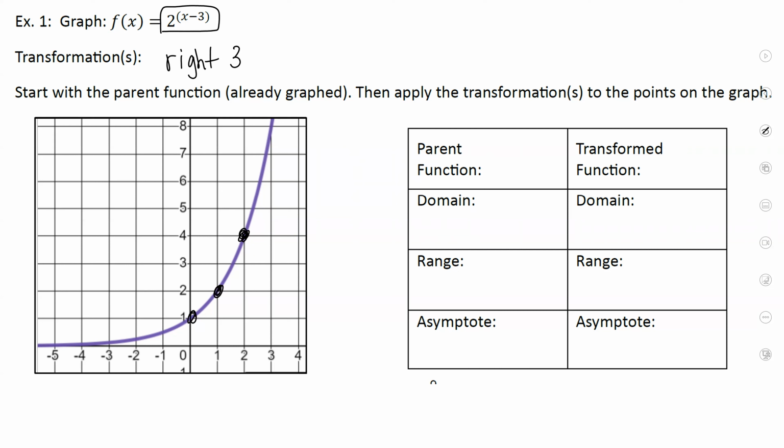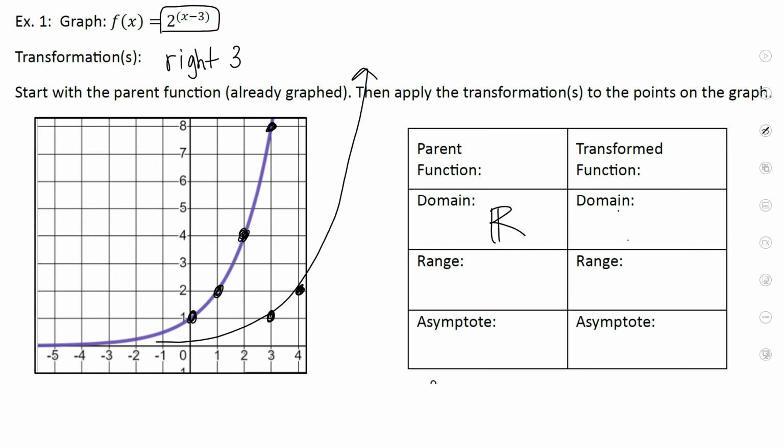If this graph moved over 3 spaces, it's now here. Move this over 3 spaces, it's right here. So this is your new graph. Make sense? It moved to the right 3, so just move it over 3.